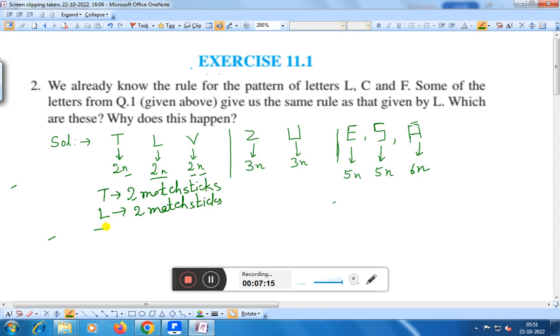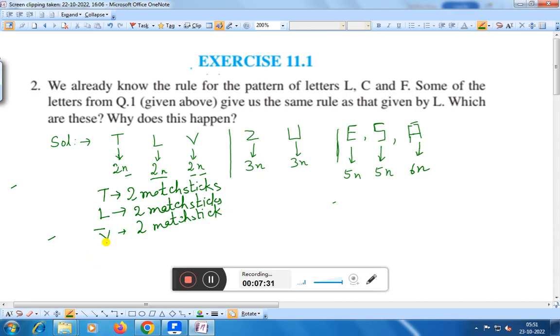And in case of V also, there are two matchsticks. That means if the number of matchsticks is the same, then the formula will be the same, right?